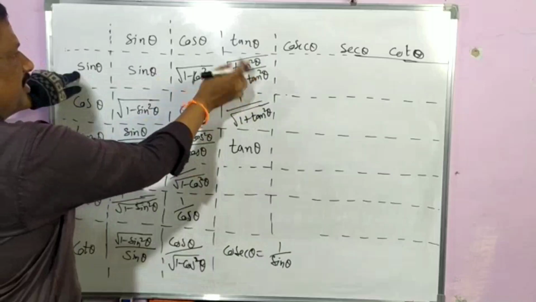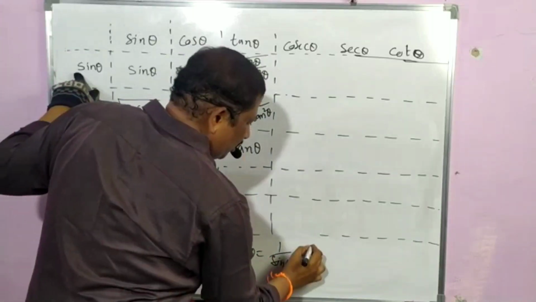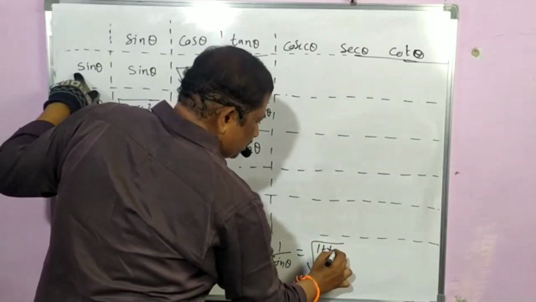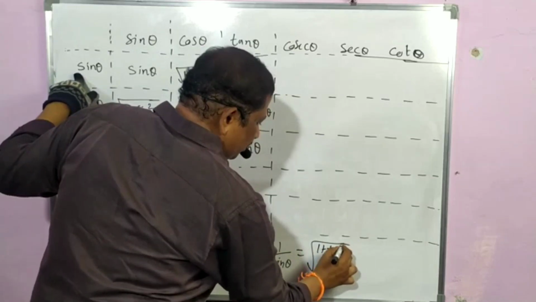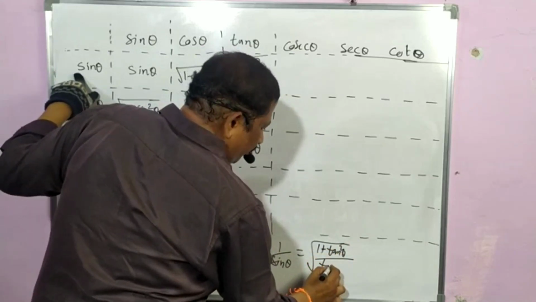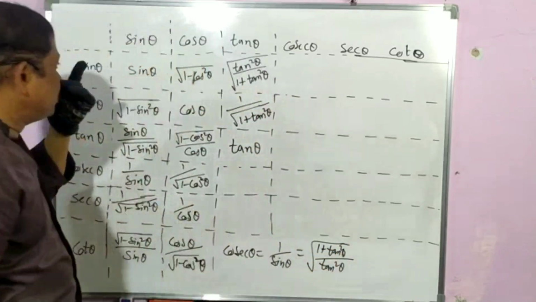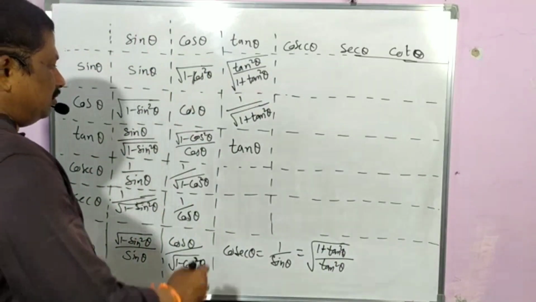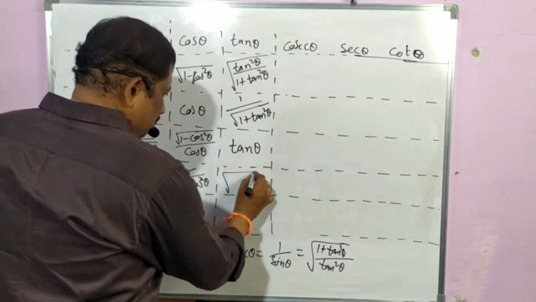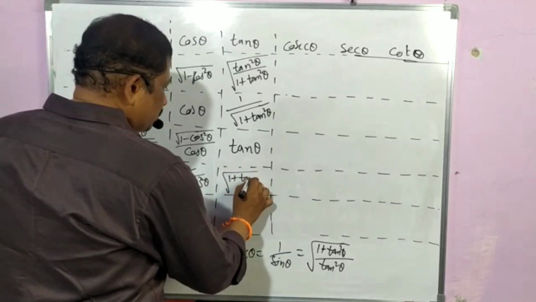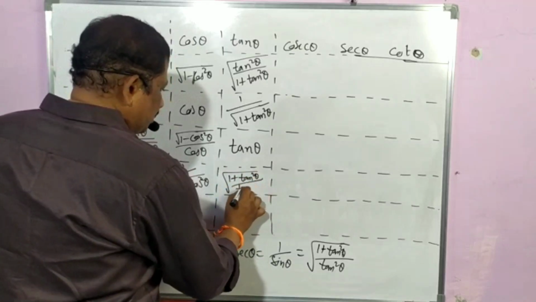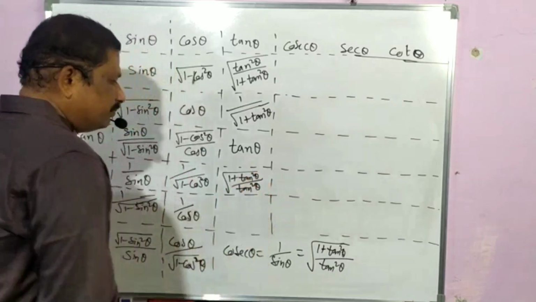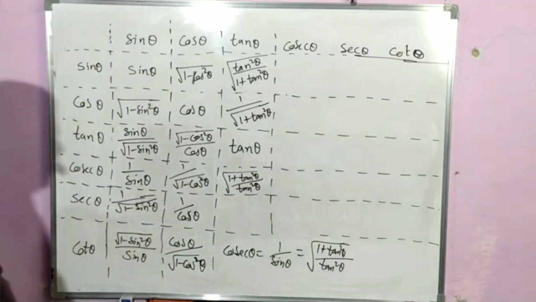So 1 by sine is the reciprocal of this one, right? So under root 1 plus tan square theta by tan square theta. Okay? Any doubt? That is cosecant in terms of tan.